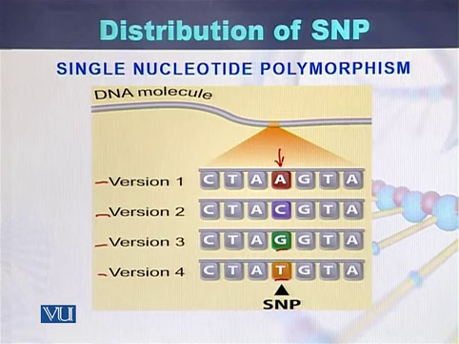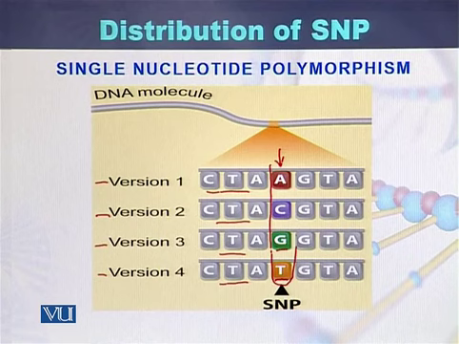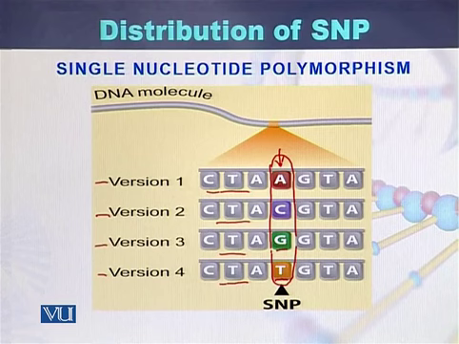The remaining sequences are similar in all four individuals, or in four versions of the DNA, but there is a variation at a single point. If there is a variation at a single point of the DNA, then it is called single nucleotide polymorphism.